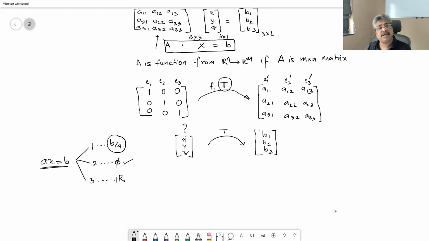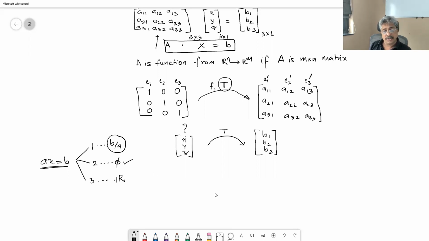So many different possibilities are there, and therefore we need to understand what exactly we are doing and what kind of possibility exists there. And if we know the nature of the solution set, we need to devise a method by which we find that solution.